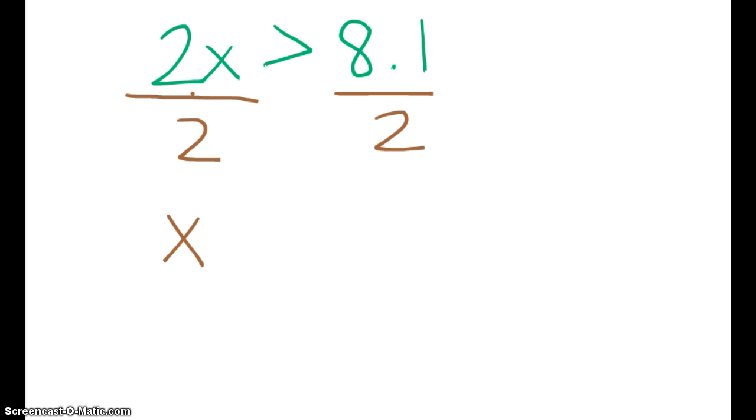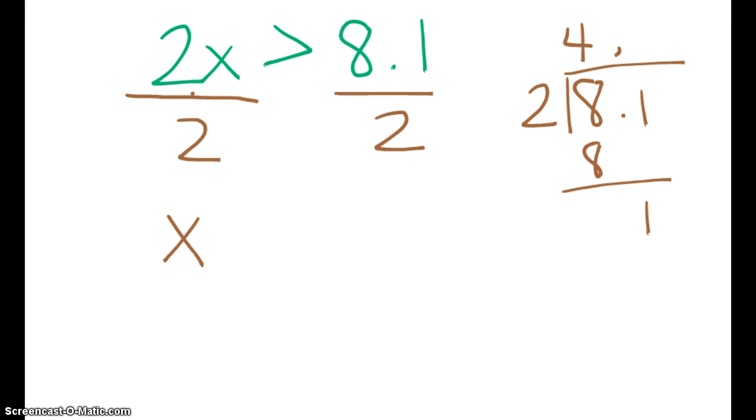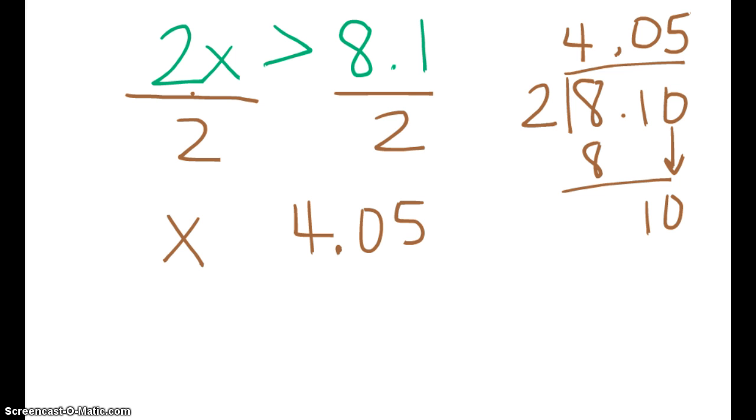I get the value of x is greater than, well, 8 and 1/10 divided by 2 is 4. I'm going to add a 0, bring that down. 4 and 5/100. And that's all.